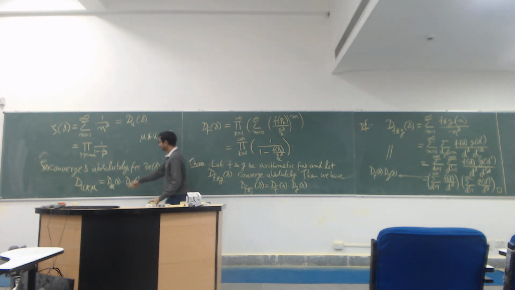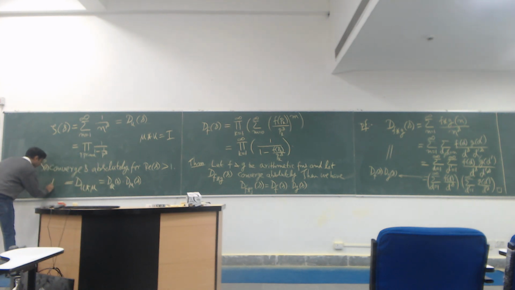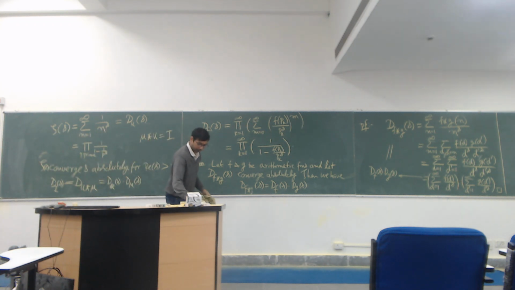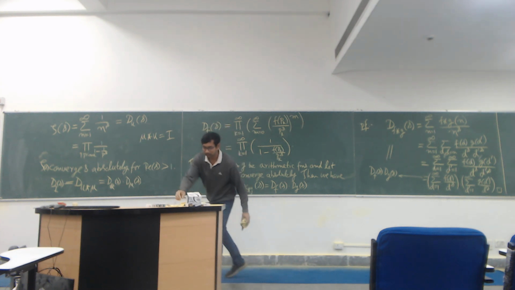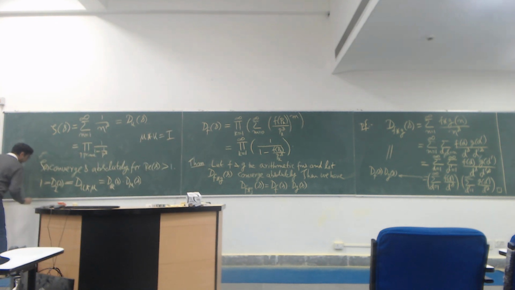And what is D of u star mu? That is D of I at s. What is D of I at s? It's 1, because only I of 1 is 1 and the rest is 0. So you can just write this is equal to 1.